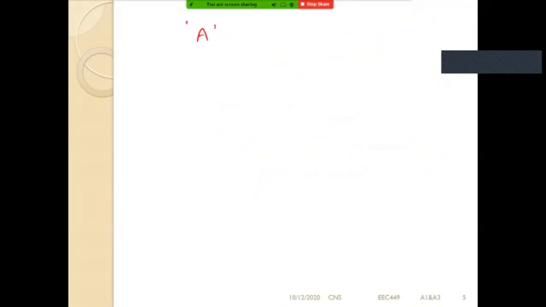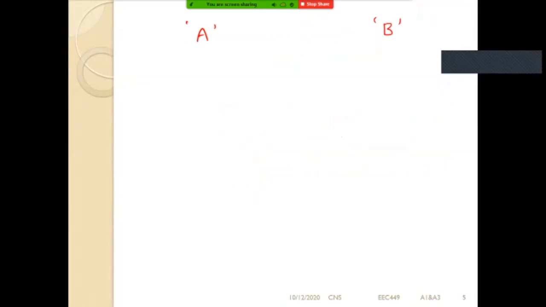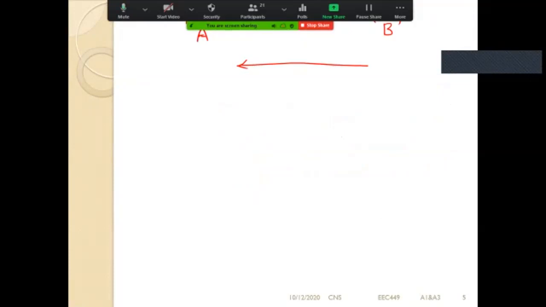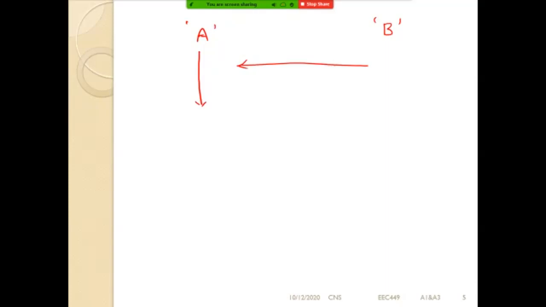There is a user A and here user B. Suppose we want to communicate with A. The first step will be taken by user A. So here user B wants to transfer some message to A.